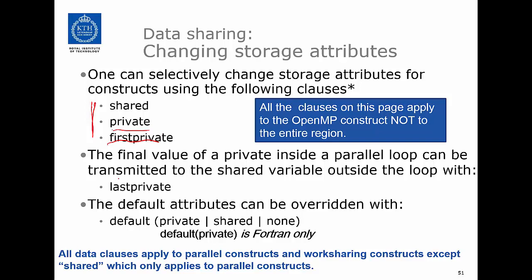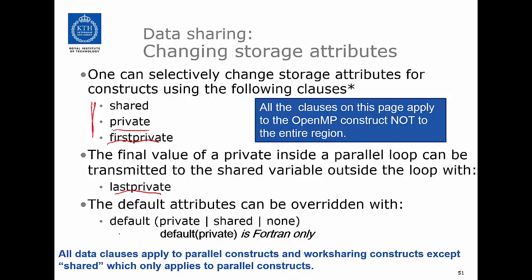Lastprivate can be used for loops. It will copy out the value of the private variable. So it's the same thing as private, but it will make the shared variable take, after the for loop, the value of the private variable of the thread that executes the last iteration.